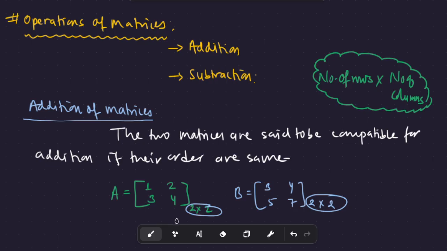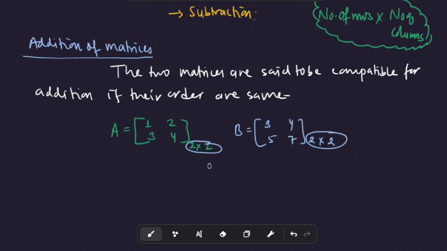But in case A is 1, 2, 3, 4 and B is 3, 4, the order of A is 2 by 2, while the order of B is 1 by 2 because it has only one row and two columns. So the number of rows are not equal, only the number of columns are equal.